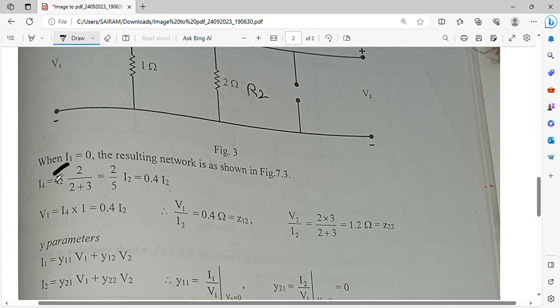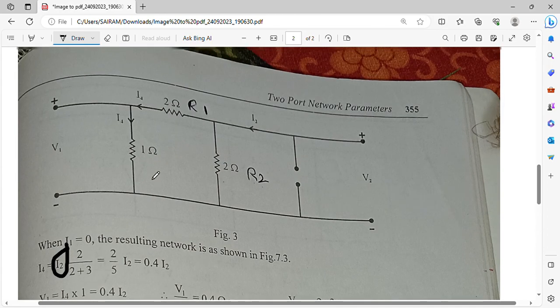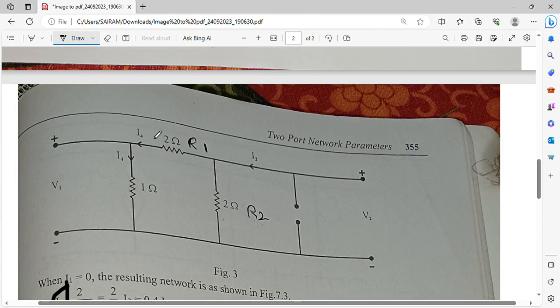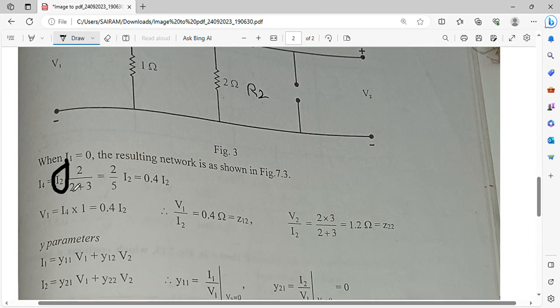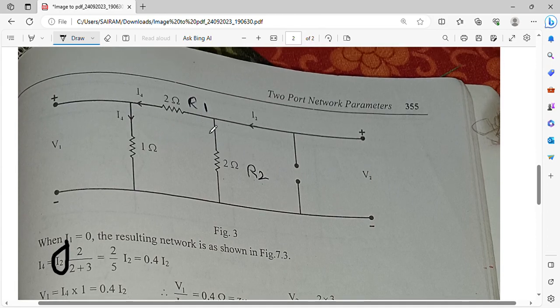So I consider that current I4 is flowing over here. My I4 is equal to the current I2 flowing over here, into R2, which is 2, divided by R1 plus R2, that is 2 plus 1, which is 3.